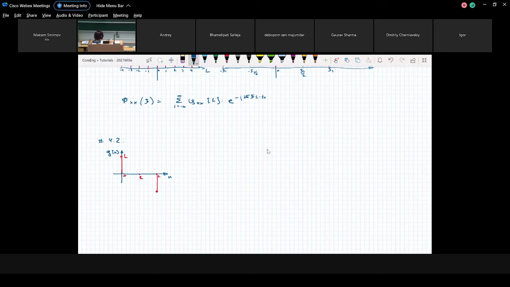Now we need to find the power spectral density. First we find the transfer function, G of f. We use the same idea. I mean, just say that G of f is the summation over n of h of n times exponential of minus j 2 pi f n times t0, the sampling interval.